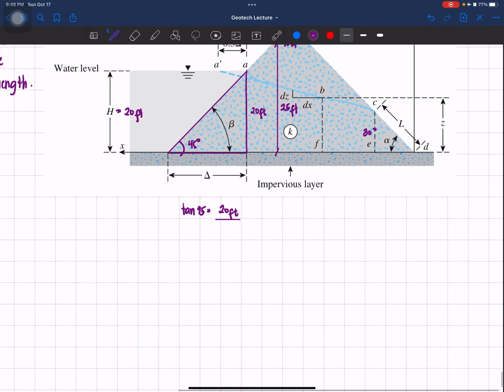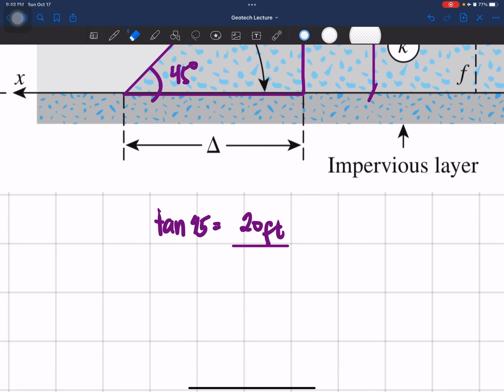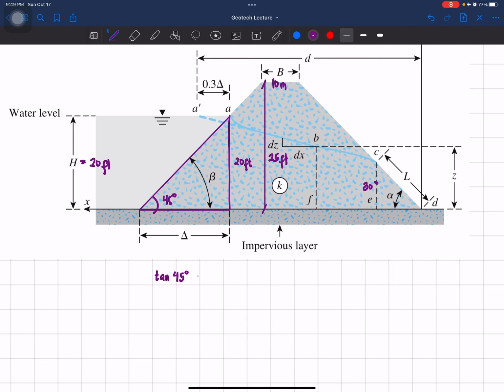Okay, so tangent of 45 degrees is actually equal to adjacent, which is delta. Okay, tangent, opposite, wrong. It's TOA pala. So, it should be opposite. So, that's 20 all over delta.